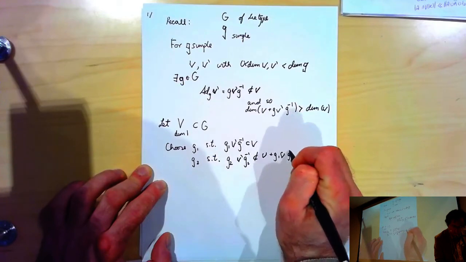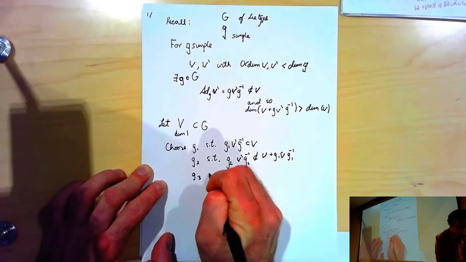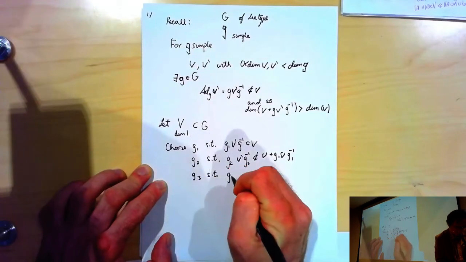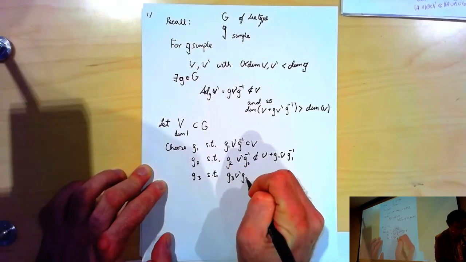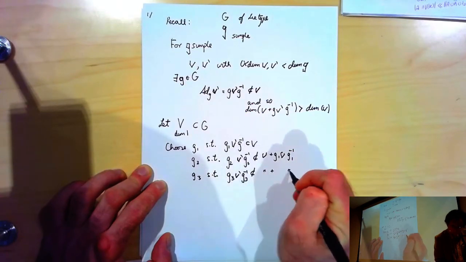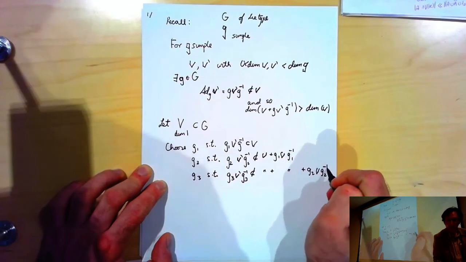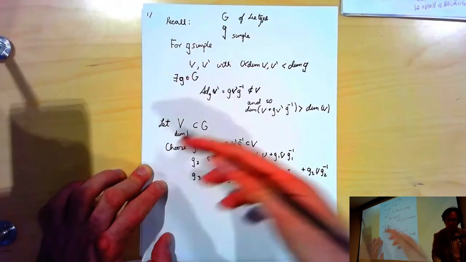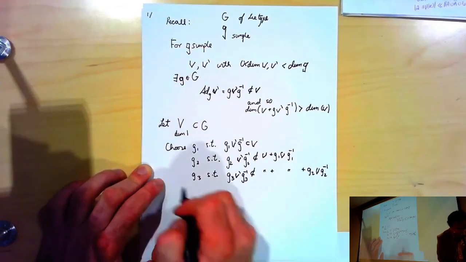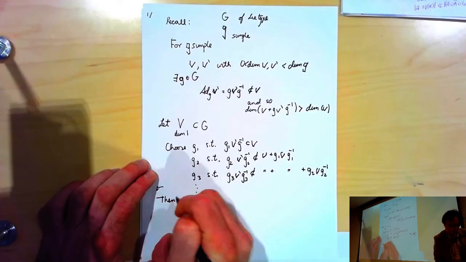And we go on and on. We make the space bigger and bigger at each step. So g3 such that g3 V prime g3 inverse is not contained in the sum of all of these. So what do we have? We are increasing the dimension by 1 at each step. V prime are one-dimensional, and so on. And then we obtain what?